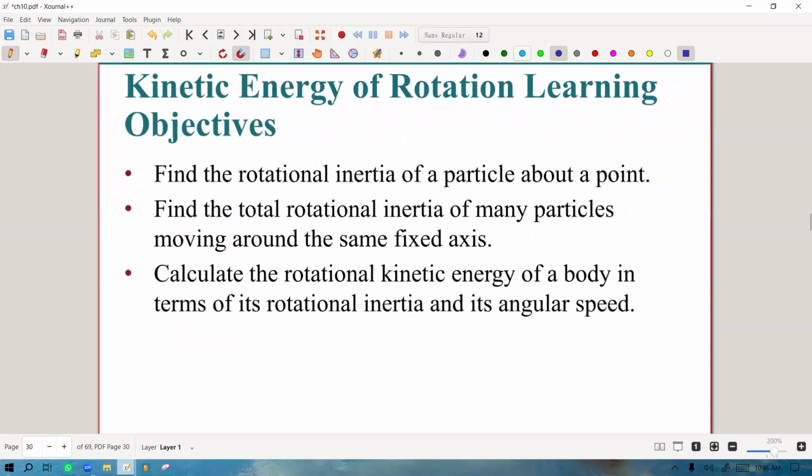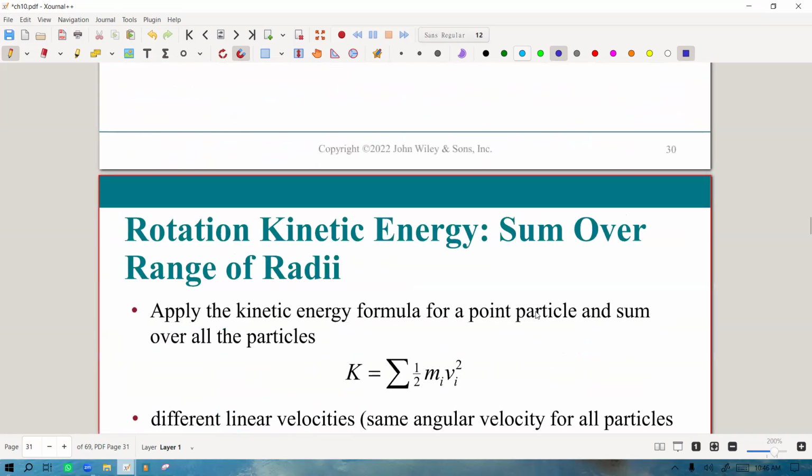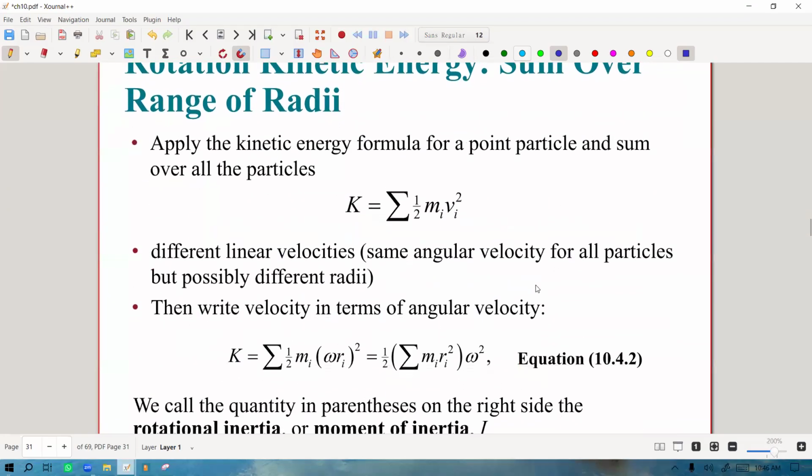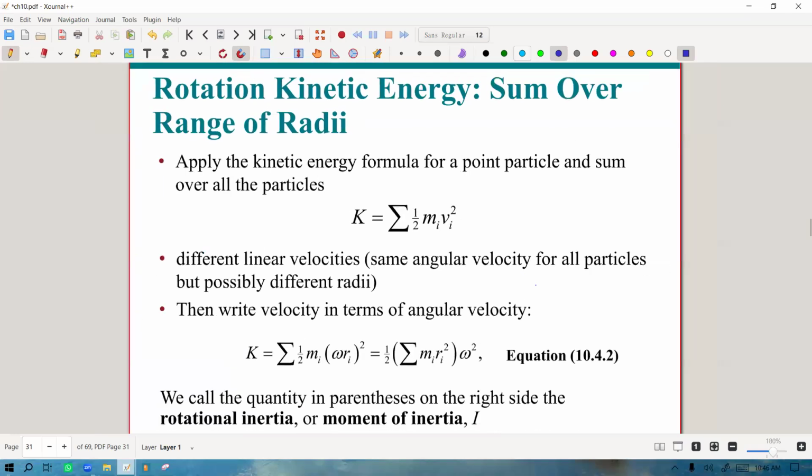Our objective is to find the rotational inertia of a particle about the point and find the total rotational inertia. So rotational kinetic energy: sum over particles of different radii. Apply the kinetic energy formula for a point particle and sum over all the particles. K is equal to the summation of one half m_i v_i squared.